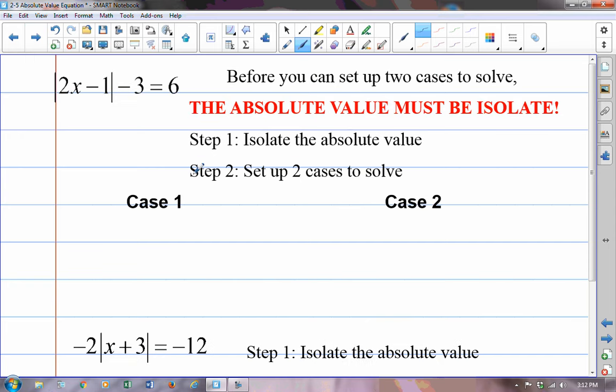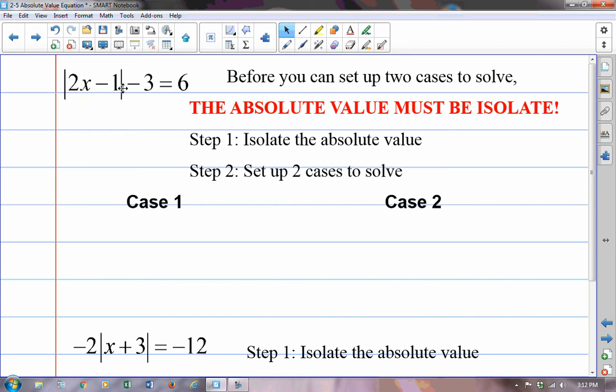Now what happens if the absolute value has stuff around it? Like this has the absolute value of 2x minus 1 inside the absolute value bars, but then we have a -3 outside the absolute value equal to 6. Before you can set up 2 cases to solve that, absolute value must be isolated.